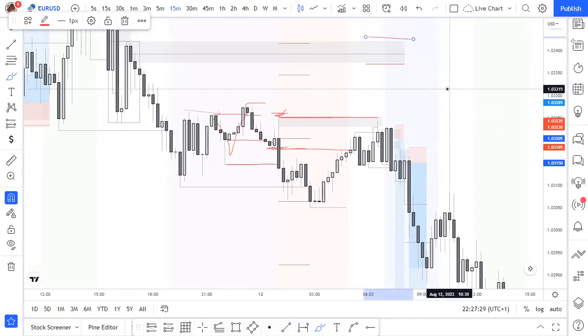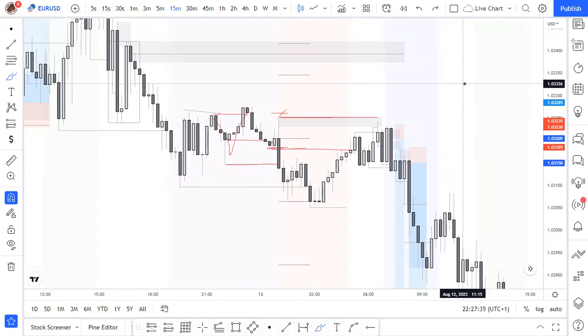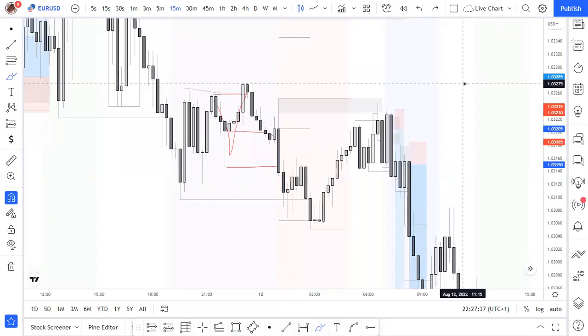So I think it's important you study and understand the structure of the markets before applying any other concept like the liquidity concept, Asian range and stuff like that. You need to study and understand the structure of the market first.